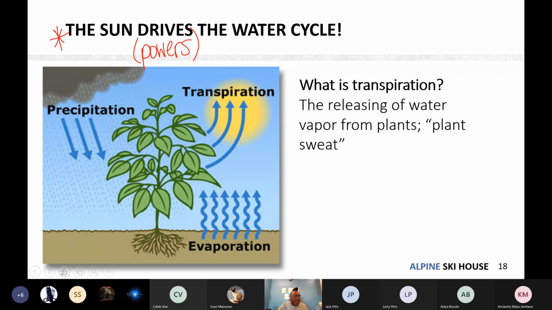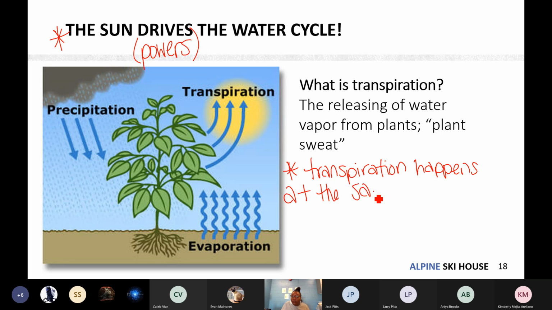So it's important for us to know, star statement in our notes, transpiration happens during the same time as evaporation, because both of those stages need heat from the sun.